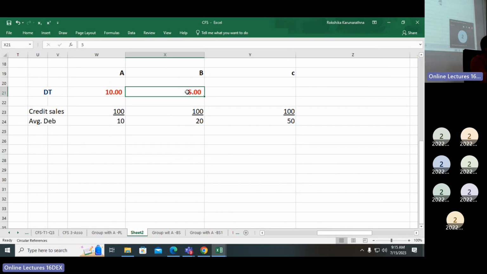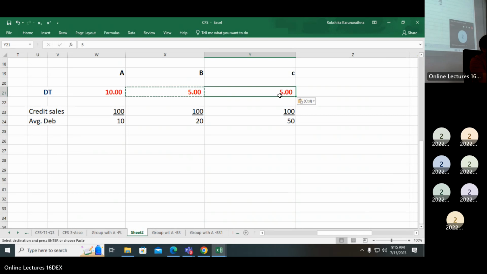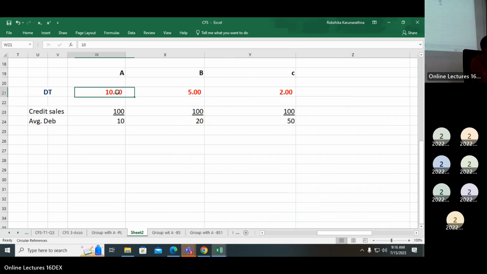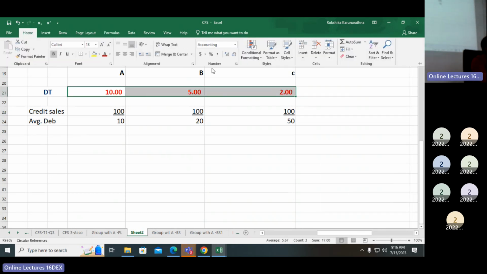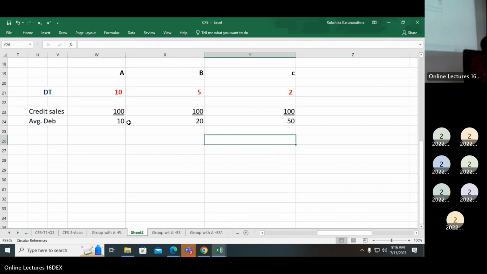So they have a debtors turnover of 2. Okay, so what do you think? Now you can see, is a higher debtors turnover favorable or unfavorable? A higher debtors turnover is better, similar to the inventory turnover. Right? The higher the debtors turnover, the better.